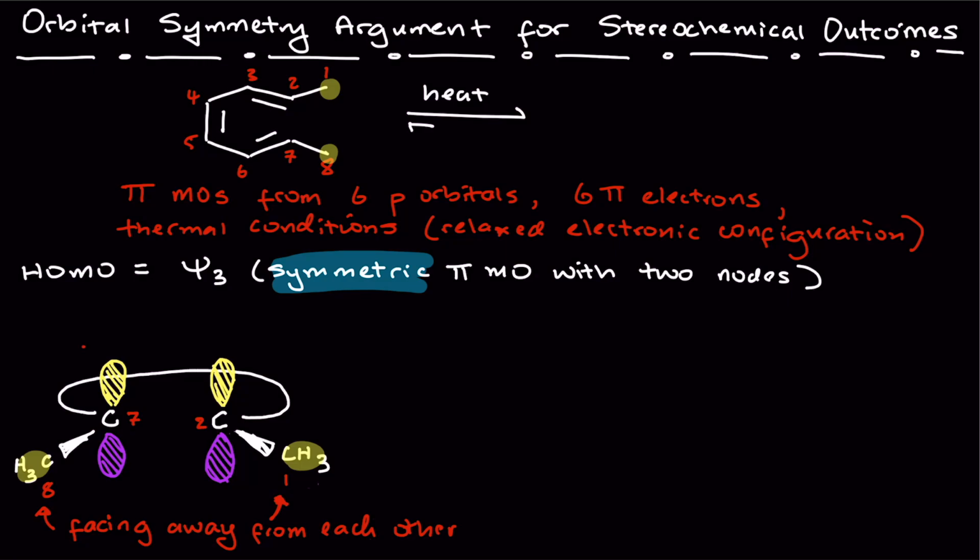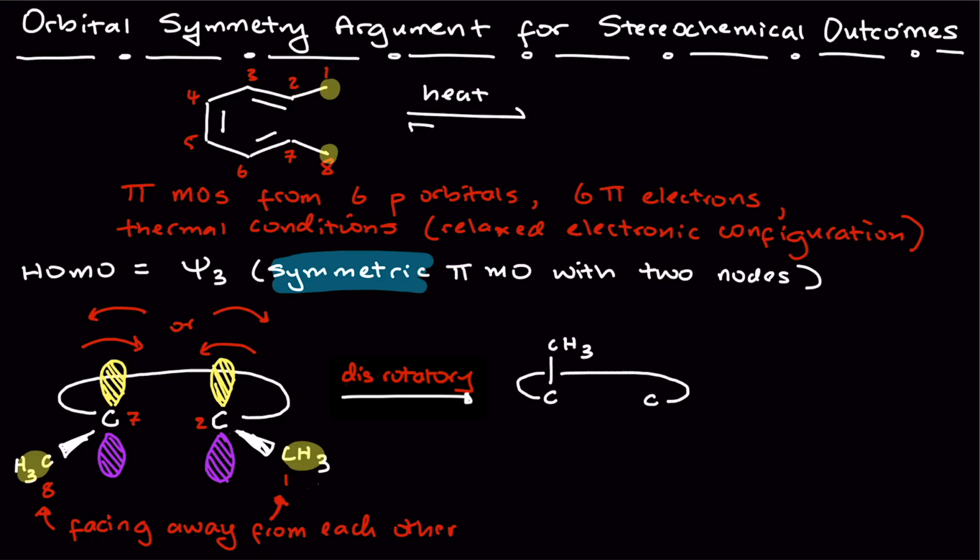Under these conditions, we should assume disrotatory motion to twist the two p orbitals so we can achieve our sigma overlap. There are two different ways we can think about the disrotatory motion. You can imagine both 8 and 1 being on top, or 8 and 1 being below.